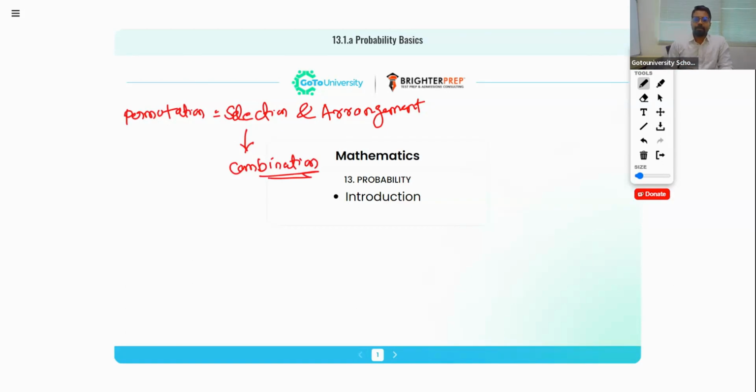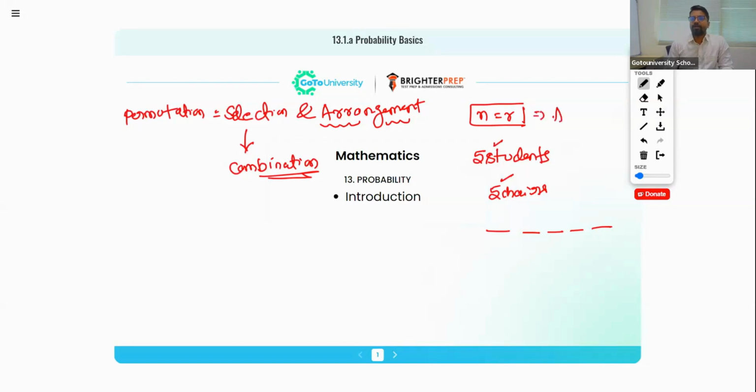So now let me understand what arrangement means. If the number of chairs is equal to the number of objects, say 5 students and 5 chairs, I have only 5 students and 5 chairs. Now I don't have to select anybody because all of them are supposed to be sitting here. So this involves only what?